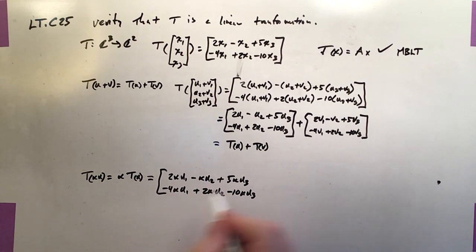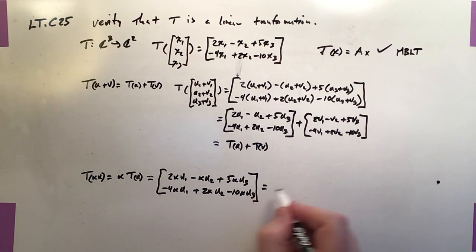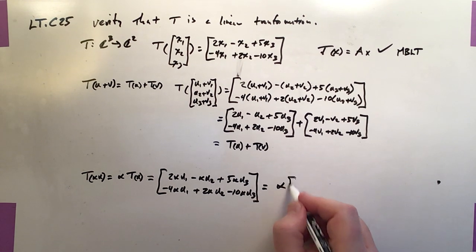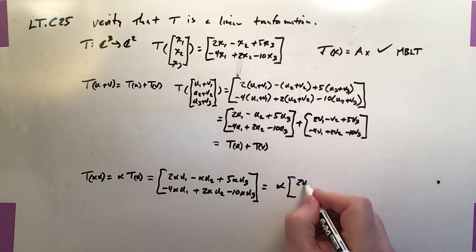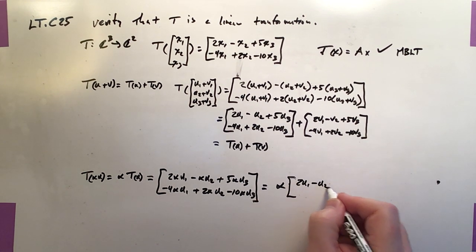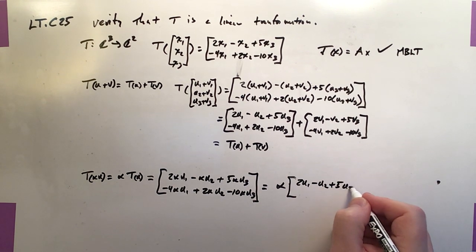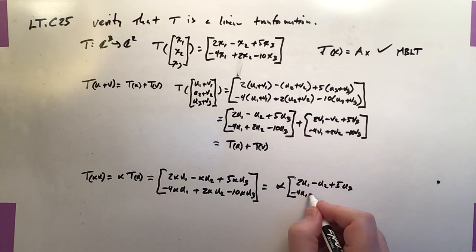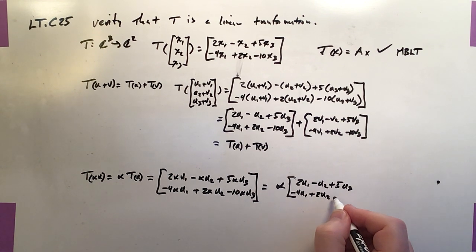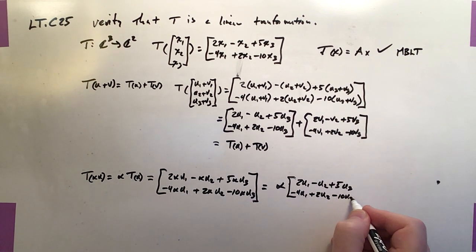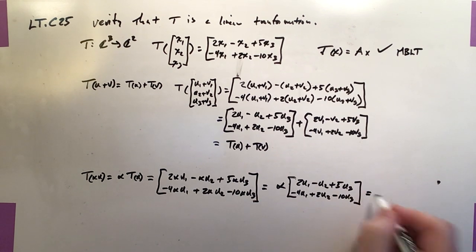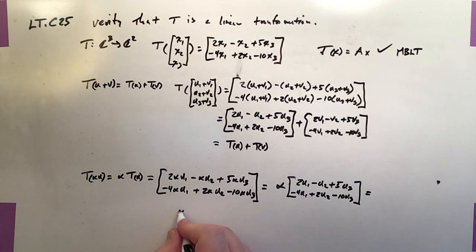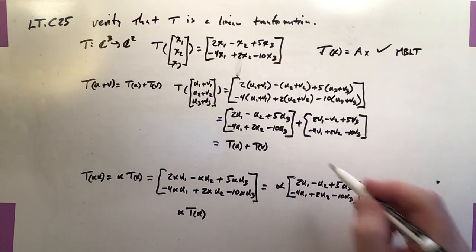So that would be the solution. You can see everything has an alpha in it, so we can factor that out and say it's the same as alpha times the matrix 2u1 - u2 + 5u3, and the bottom line is -4u1 + 2u2 - 10u3, which you can see is the same as alpha times the linear transformation of u. And so this verifies it.